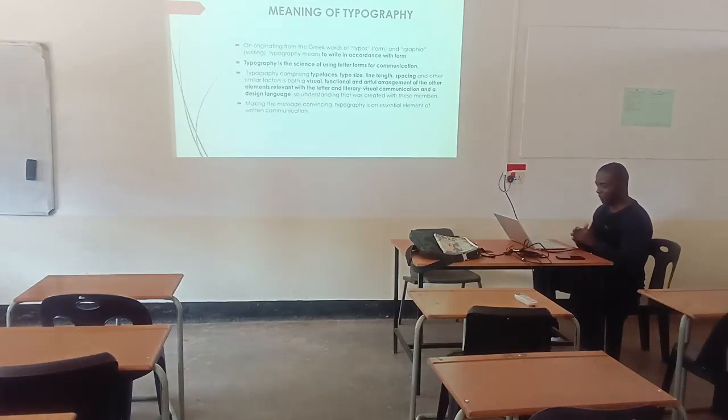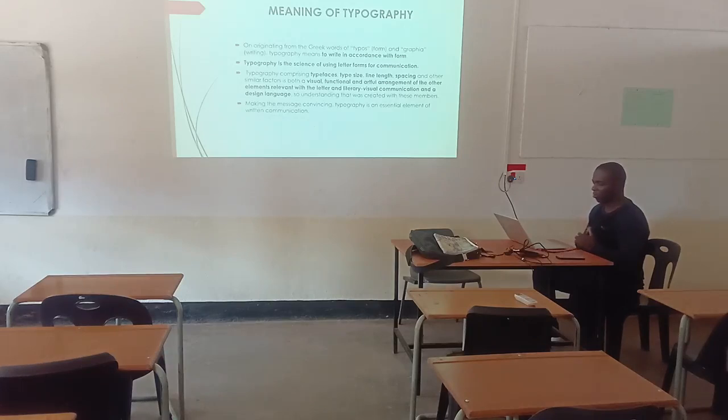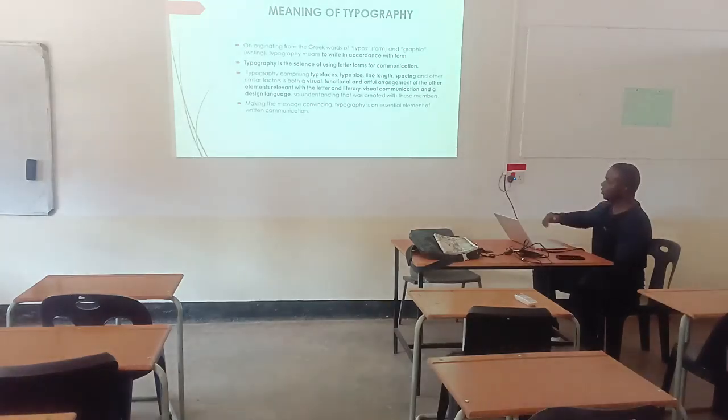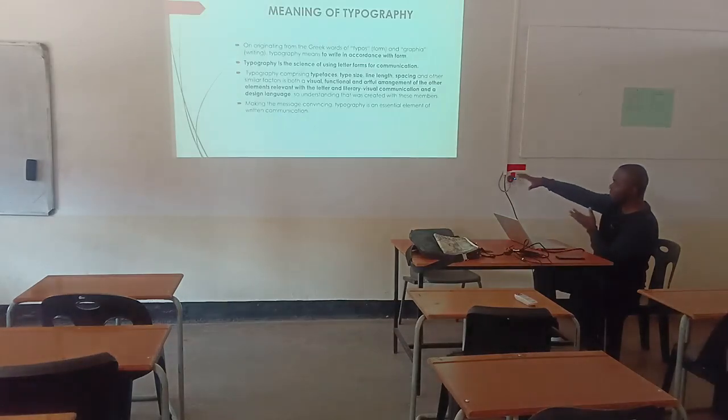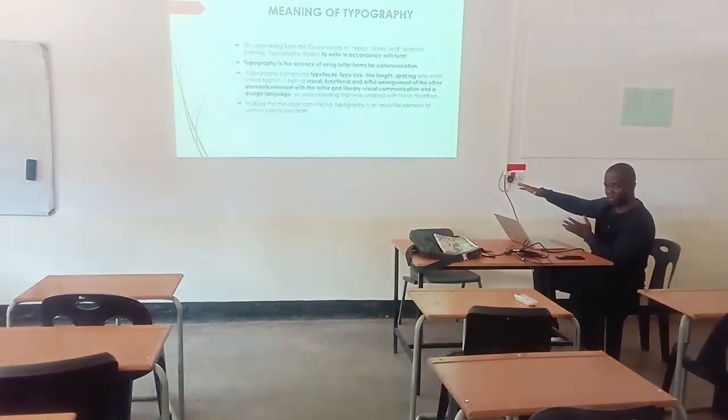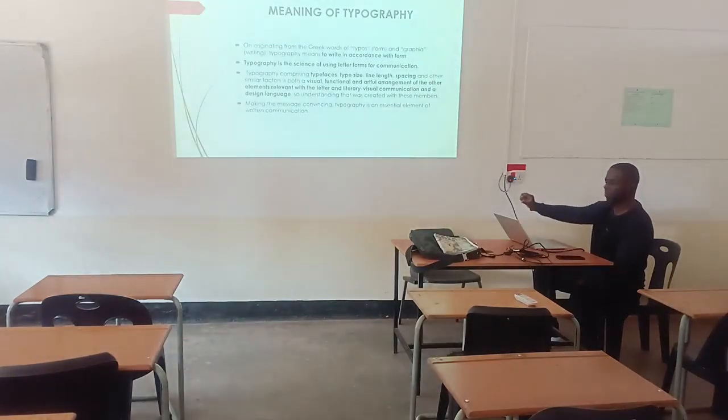And there are specific types of elements that will make your text appear convincing. Can you give an example? Why do we have newspapers, like, when you see a front page of the newspaper, there's one headline that is very large and bold, right? There are some other headlines that are small.